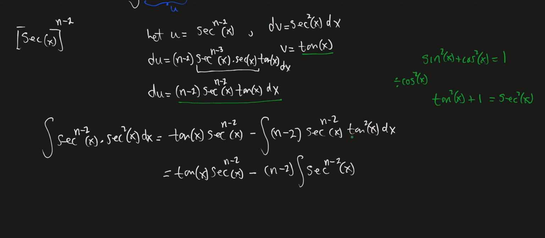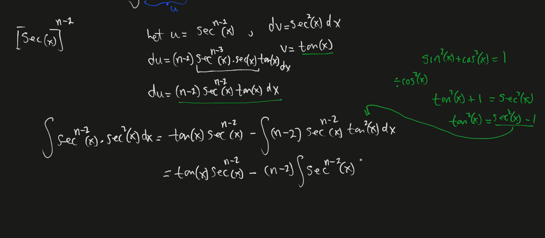That means I would have to replace tangent squared with this. If I solve this equation for tangent squared, I will get secant squared minus 1. So let's take this and replace tangent squared. All right, let's see what happens.